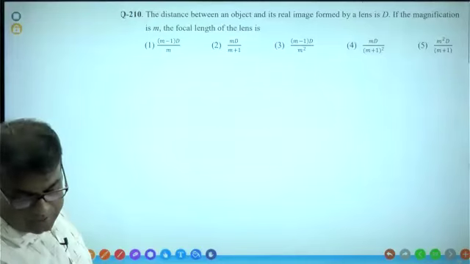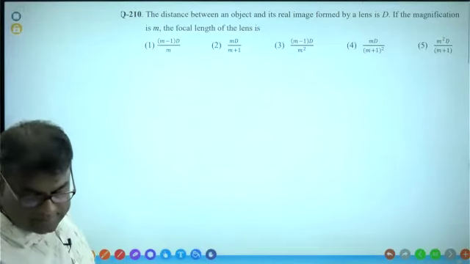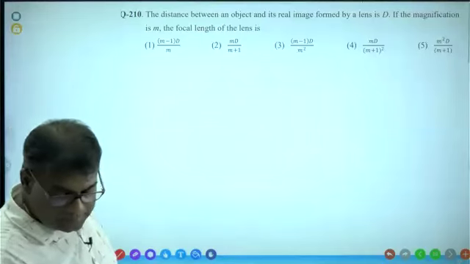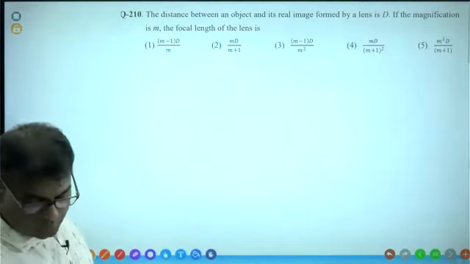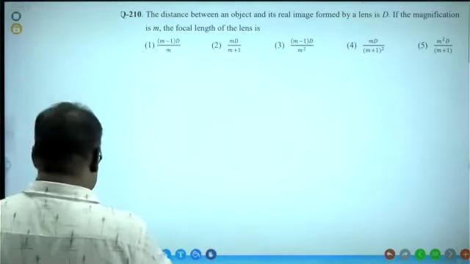The distance between an object and its real image formed by the lens is d. If the magnification is m, the focal length of the lens is, right, can we copy the diagram?